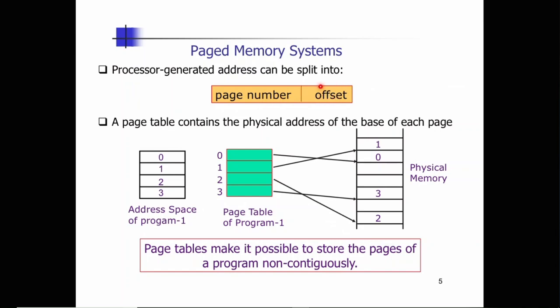The reason for a page offset is the location difference between the byte address we want and the start of the page. So we would need enough bits in the offset to be able to get to any byte in that particular page. So that's why we need a page offset.